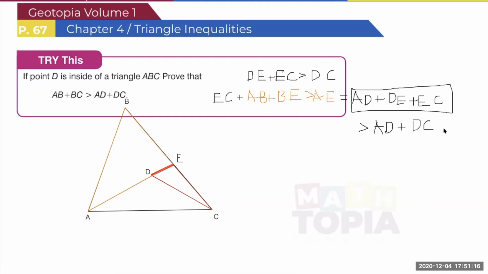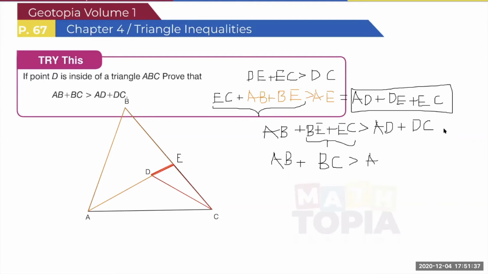And the other side is AB plus BE plus EC. The final step is BE plus EC. B and C are collinear, so we can add them up and we get BC. AB plus BC is greater than AD plus DC.